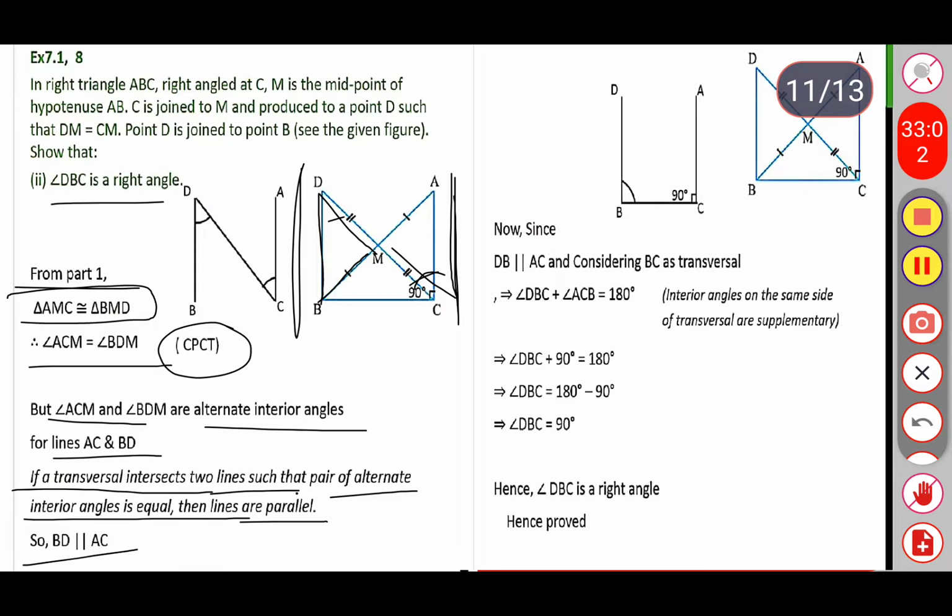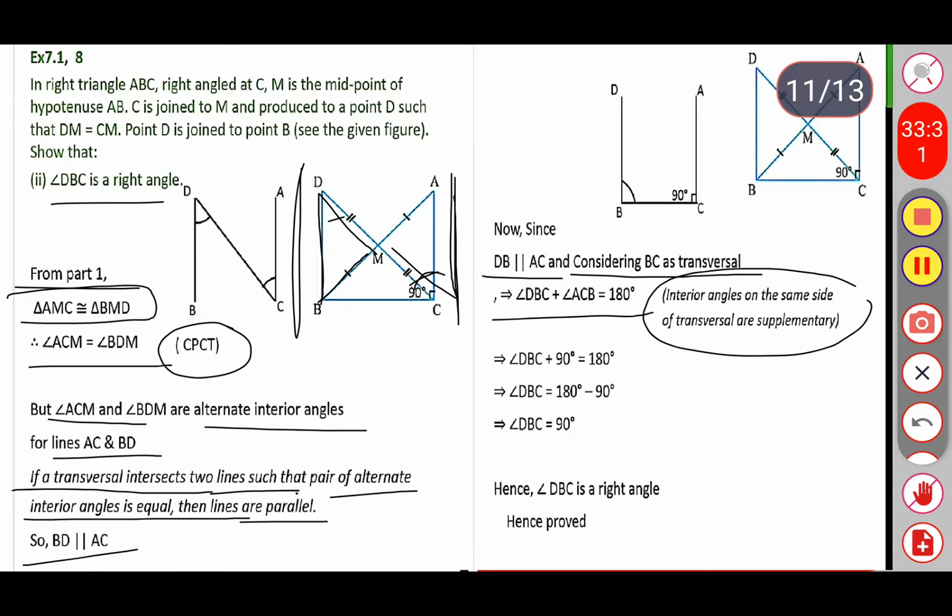Supplementary means the sum of the two angles is always 180 degrees. Here DB is parallel to AC, and consider BC as a transversal. Therefore, angle DBC plus angle ACB is equal to 180 degrees, and the reason is that interior angles on the same side of the transversal are supplementary.